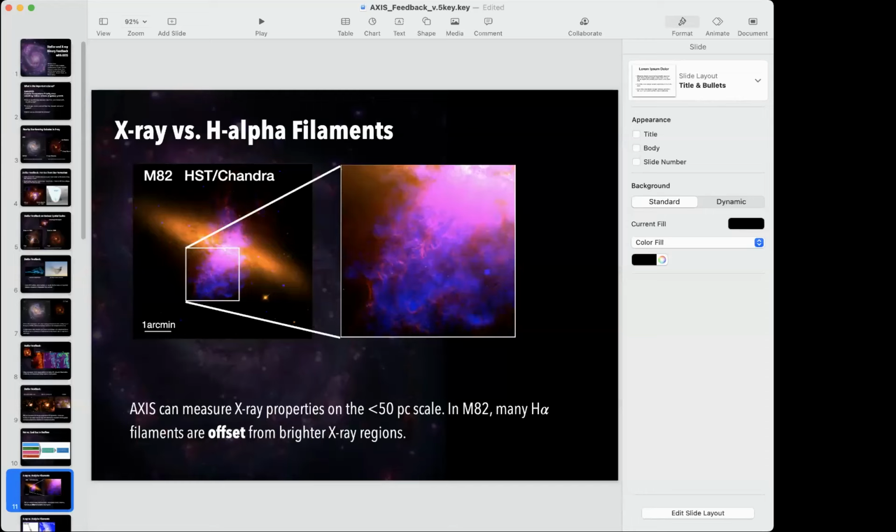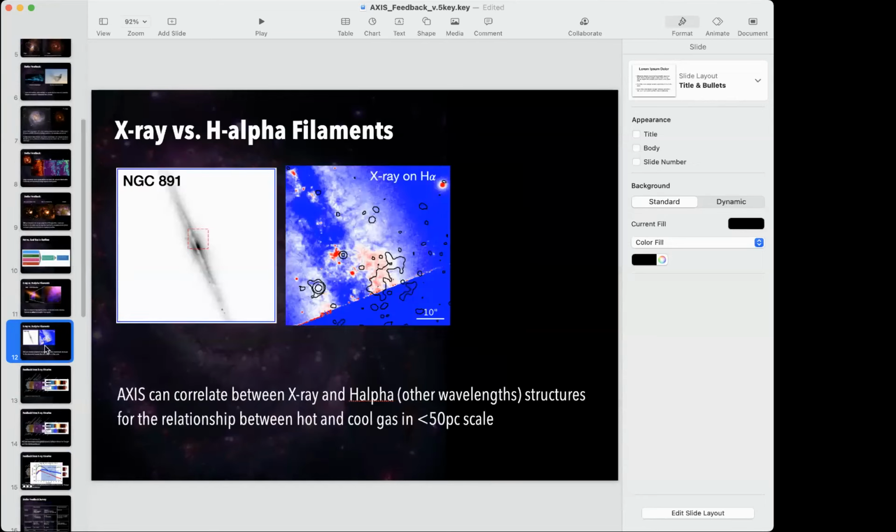I note that for this filament structure study, the M82 Chandra data is currently the only data that we can use for finding the filaments and doing the spectral analysis.